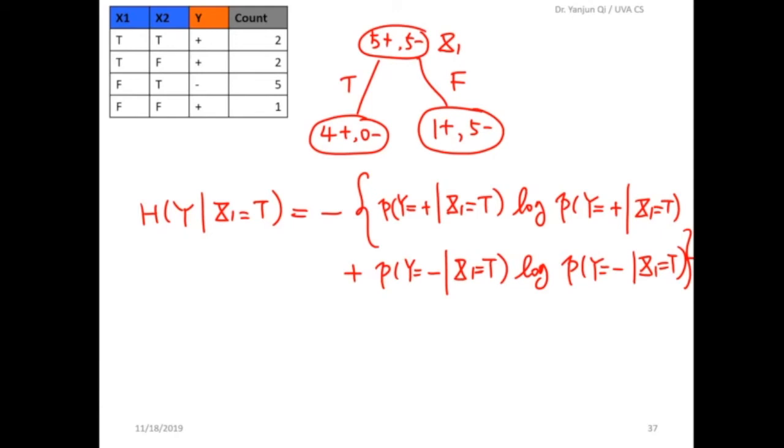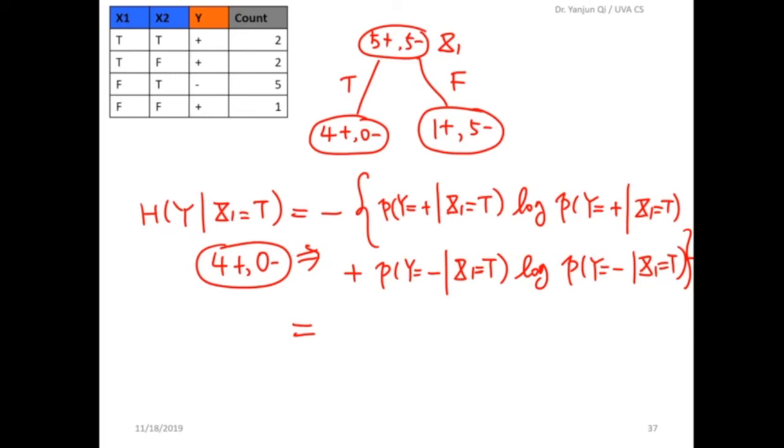So P positive in this case is 1, and P minus is 0. So it's really just 4 plus, 0 minus. And it's 1 log 1, so the first term is 0, and the second term is 0 too. No matter what, this is 0.